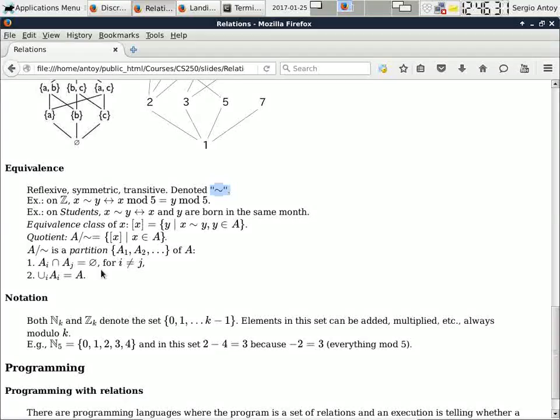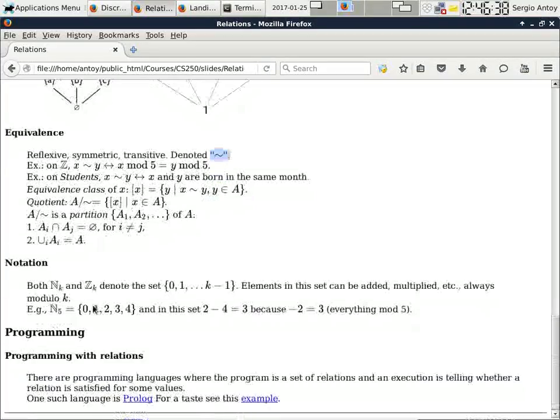In fact, this is so common and so popular that we have a notation for this. When I have N, a natural number, with this subscript k, or Z with the subscript k, we denote the elements between 0 and k minus 1. So in my example, k was 5, so I go from 0 to 4.